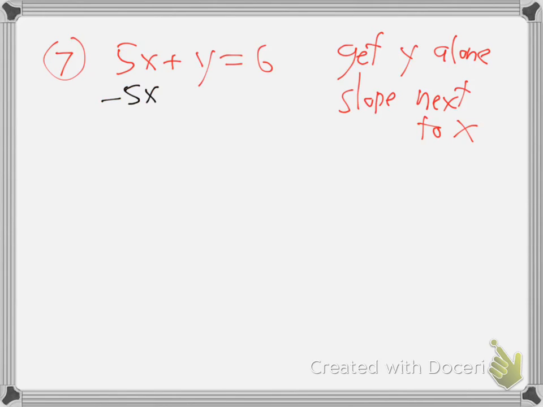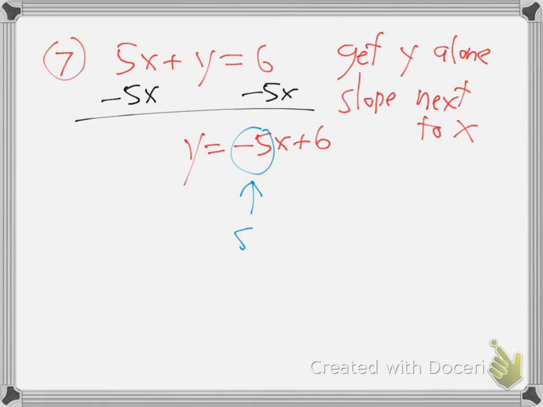Subtract 5x. So y is minus 5x plus 6. So what's the slope? Slope is minus 5. Is that good? That's because it's just y equals mx plus b, huh? Have I said that part before? It's rise over run. It's how we graphed last time.